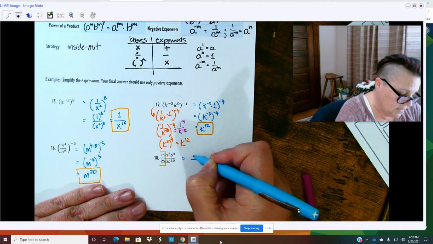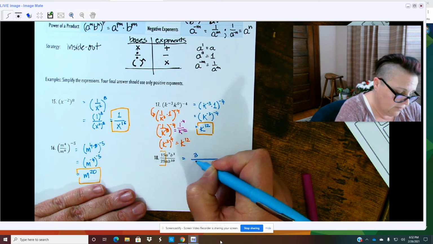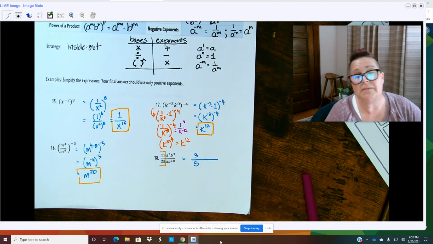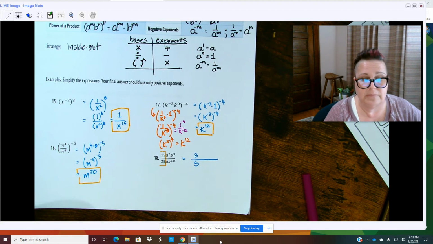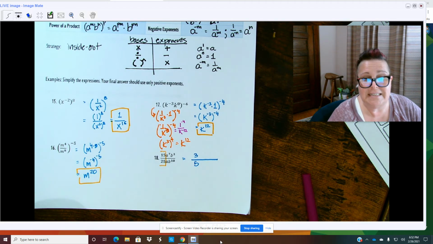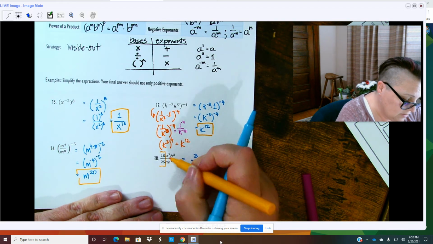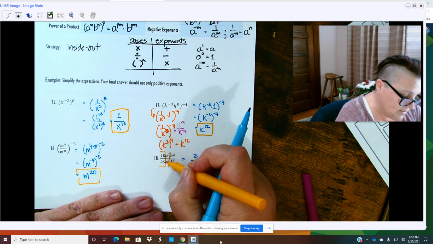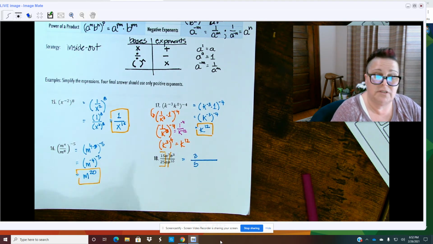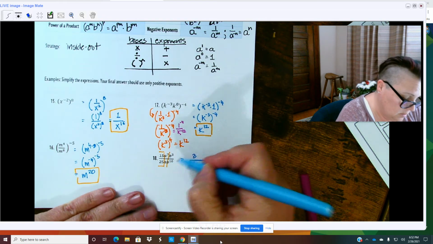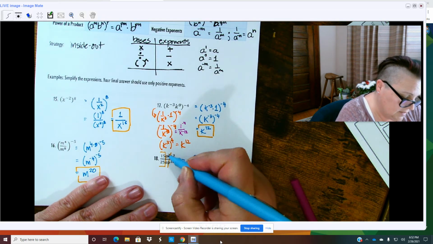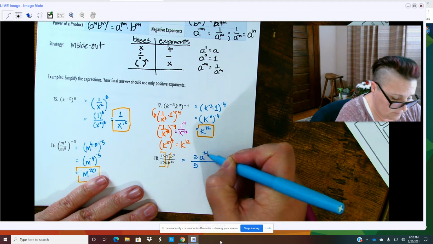5 goes into 15 3 times. 5 goes into 25 5 times. That keeps a numerator and a denominator. I then have a to the 7th over a. If I look at my next grouping, my bases are the same. I can use the quotient rule to do a to the 7 minus 1.